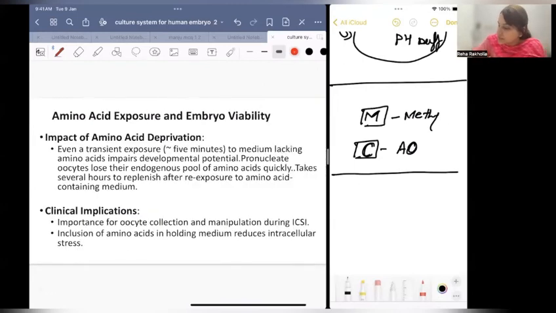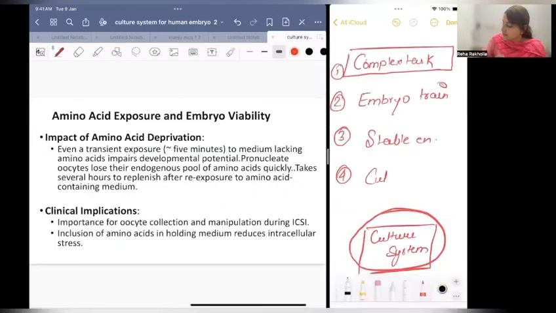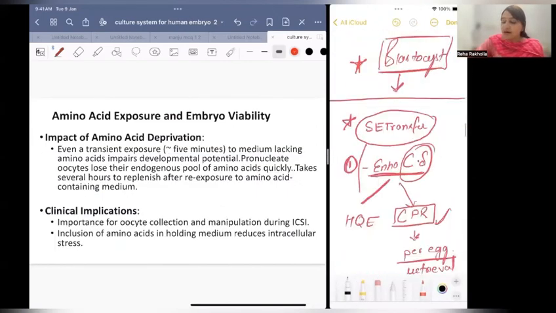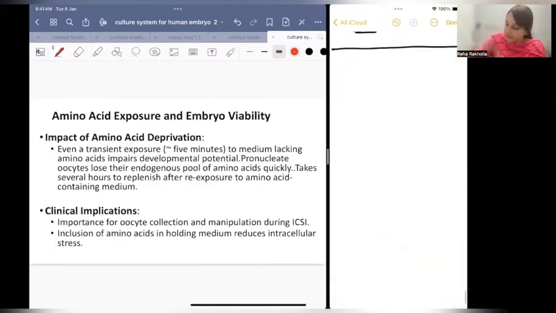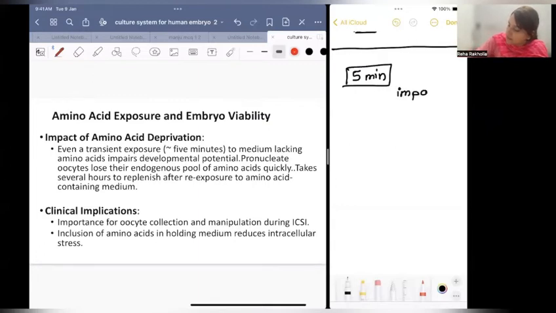Amino acid exposure and embryo viability. What is the impact of amino acid deprivation on the culture media? Even if we deprive amino acids for 5 minutes from the culture media, it will impair development, and restoring this takes several hours.